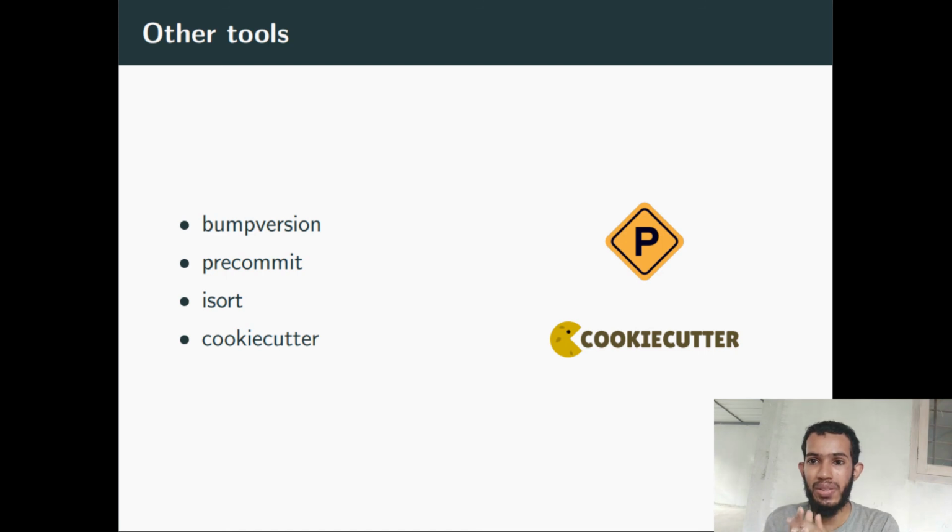And there's isort, which can be used to sort your imports in a good manner. And there's cookiecutter, which is especially useful if you're using setuptools to make your project, because setuptools has a lot of files which you need to set up when you're beginning your package.